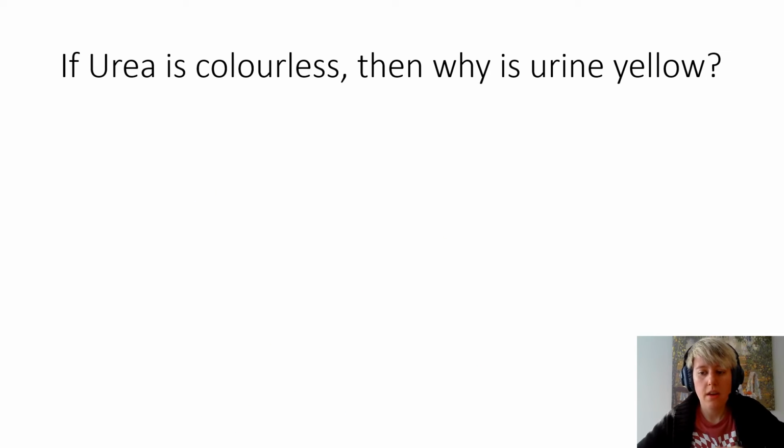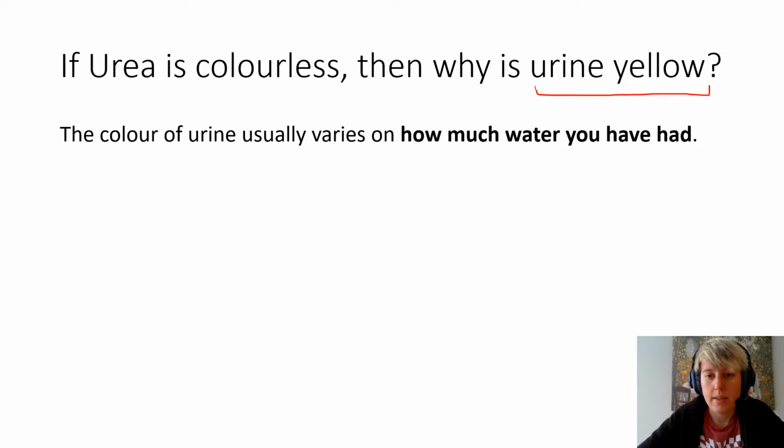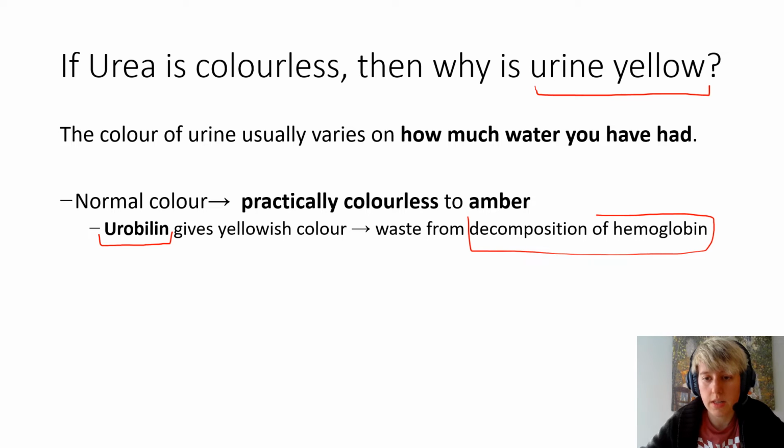So one thing people are wondering is, well, if urea is colorless, then why is urine yellow? So the yellow color from urine actually comes from a different molecule. It actually comes from the breakdown of a molecule called urobilin, and urobilin is produced when hemoglobin is decomposed.